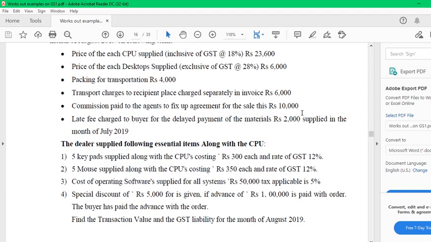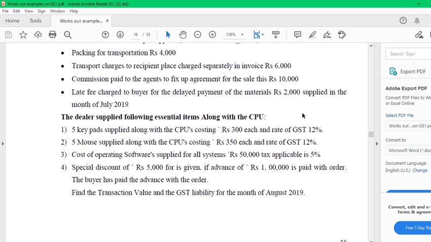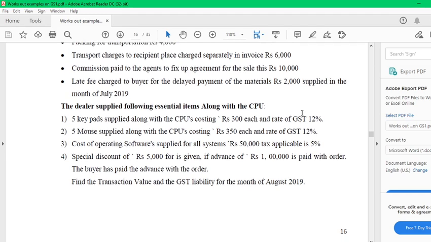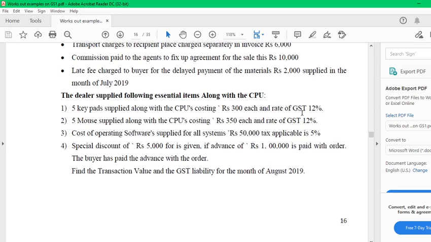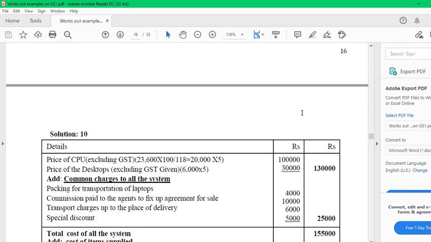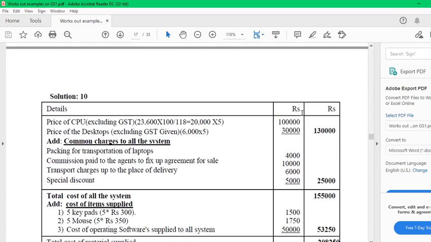Here, first you calculate the common expenses. Common expenses include the cost of operating software, which all the systems require, then commission paid, and other expenses. Price of CPU excluding GST: it is inclusive of GST, 23,600 times 100 by 118, since 100 plus 18 is 118.